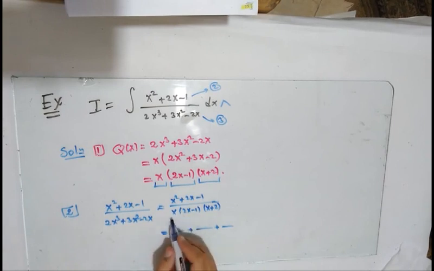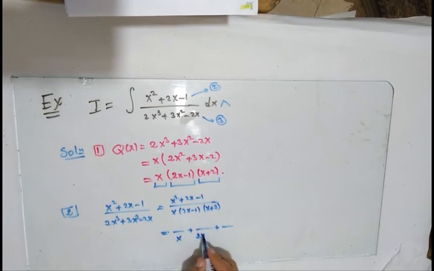The first one corresponds to the first linear factor, which is x, the second one corresponds to the second linear factor, and the third one corresponds to the third. Since each factor is linear, you have to put just a constant in the numerator.